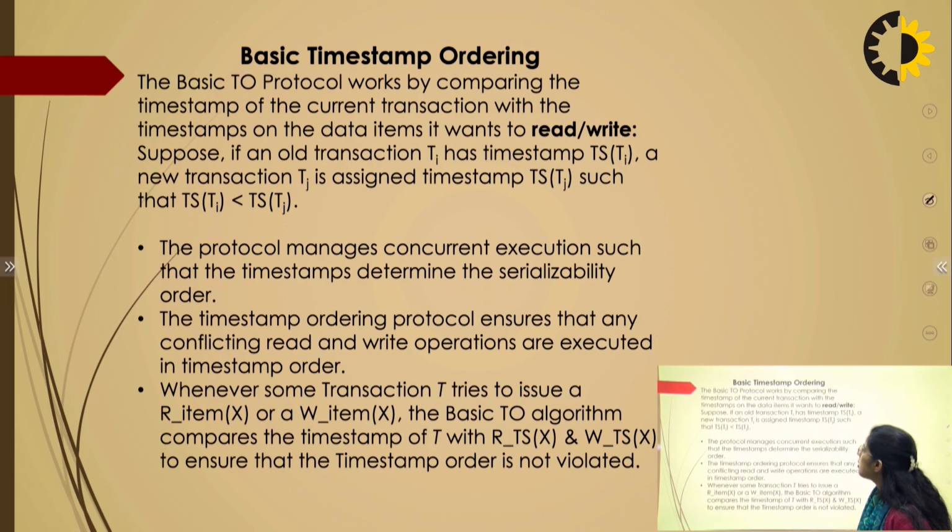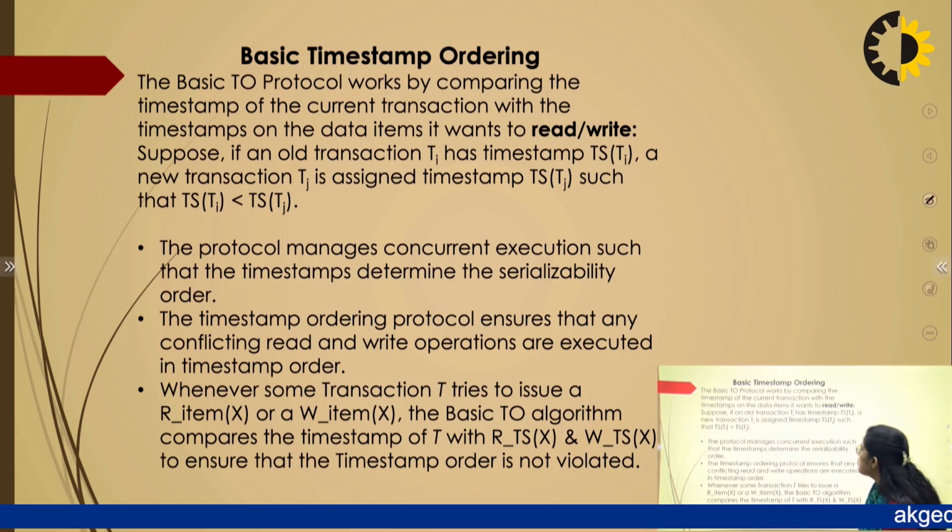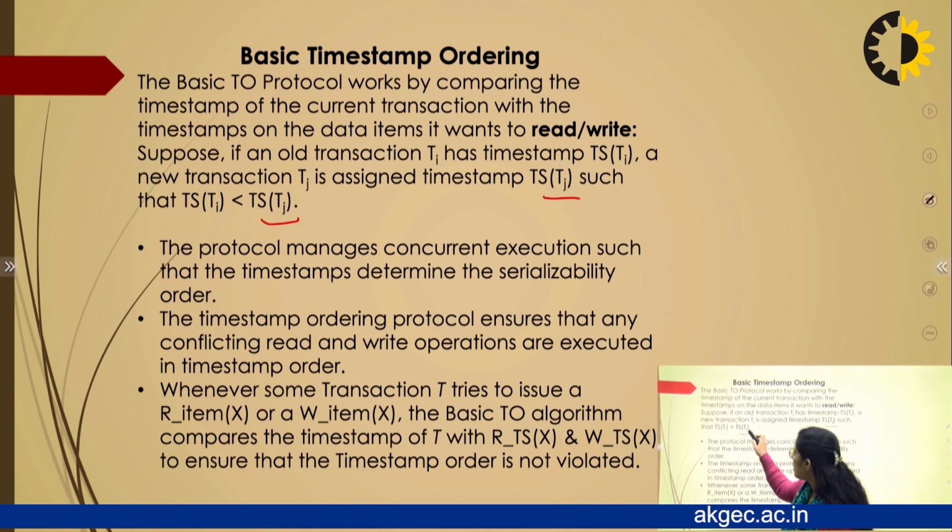The basic timestamp ordering protocol works by comparing the timestamp of the current transaction with the timestamp on the data item it wants to read or write. Suppose an old transaction Ti has timestamp TS(Ti), and a new transaction Tj is assigned a timestamp such that the timestamp of the second transaction is higher than the timestamp of the first.